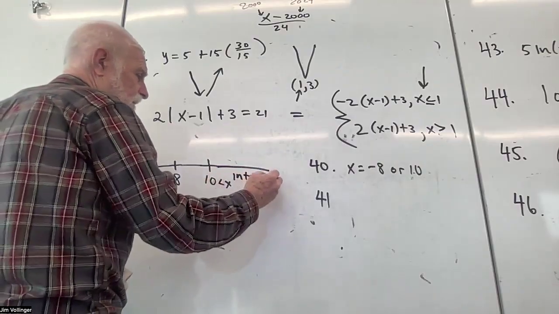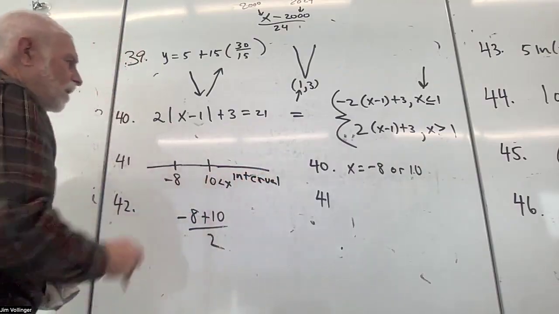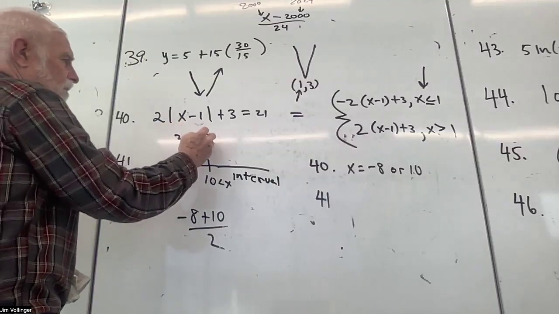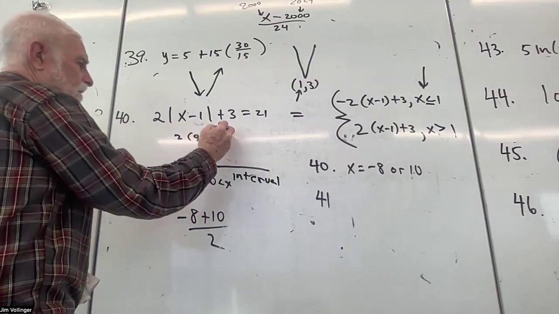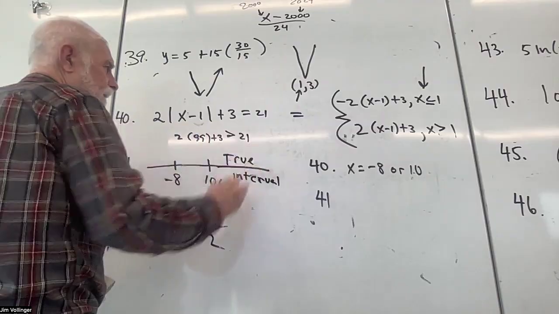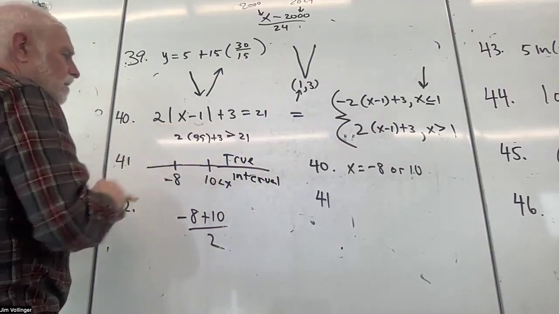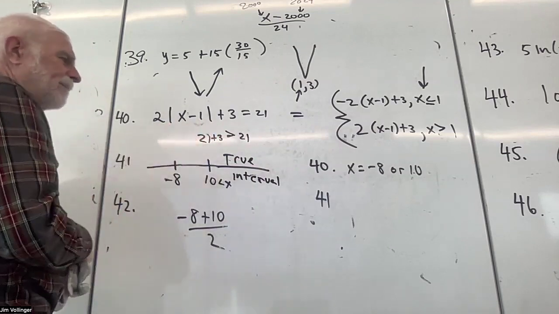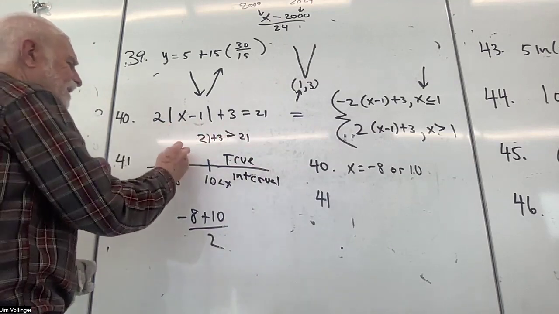Well, I think any old number will do. Why don't we plug in 100? Well, that's 2 times 99 plus 3. Is that bigger than 21? I think it's true. Let's put a 0 in. That's going to get me 2 plus 3. Is that bigger than 21? I think that's false.